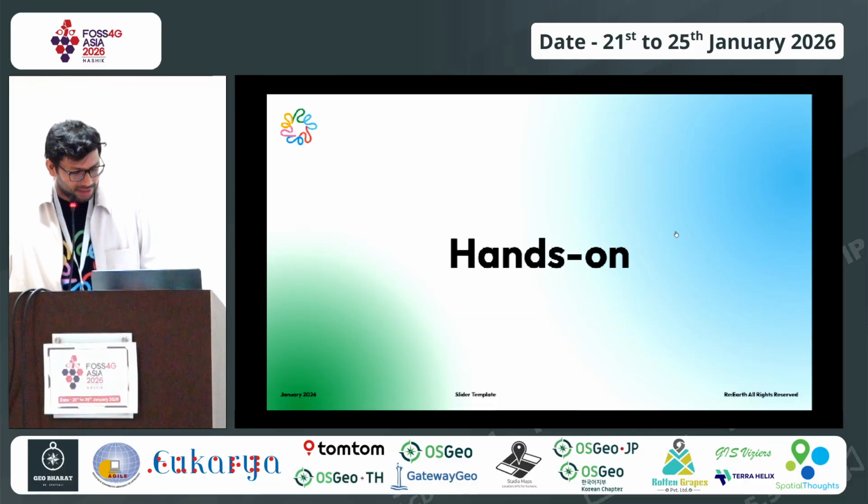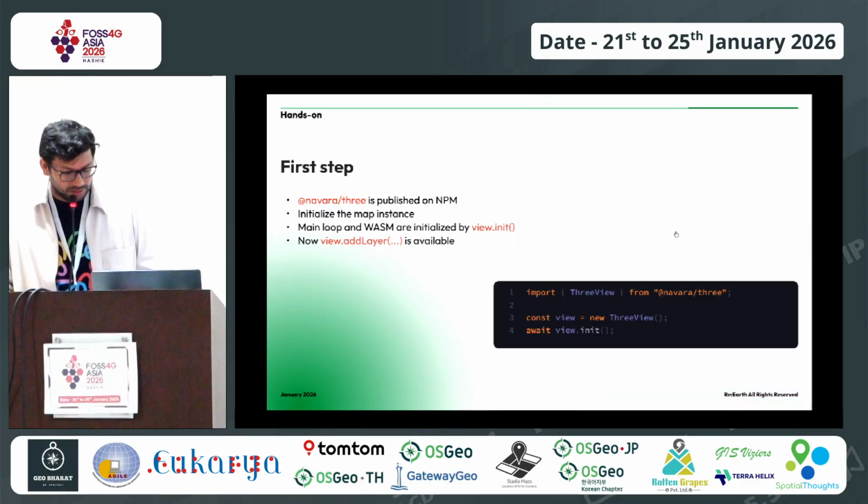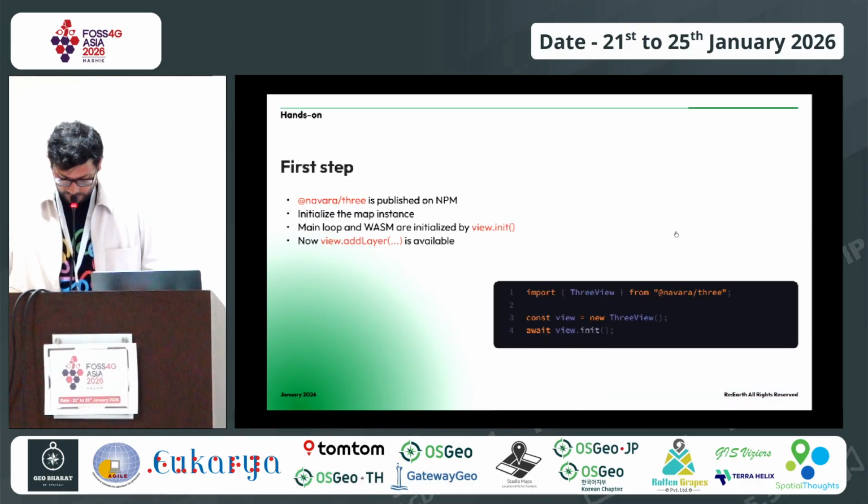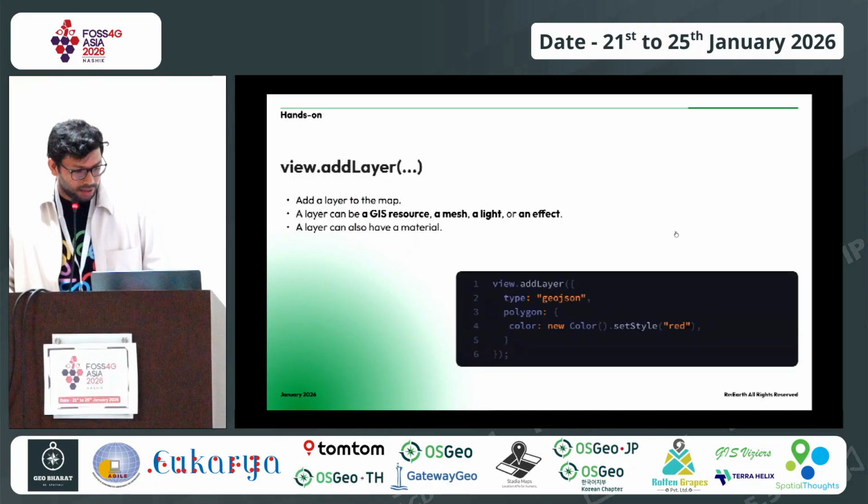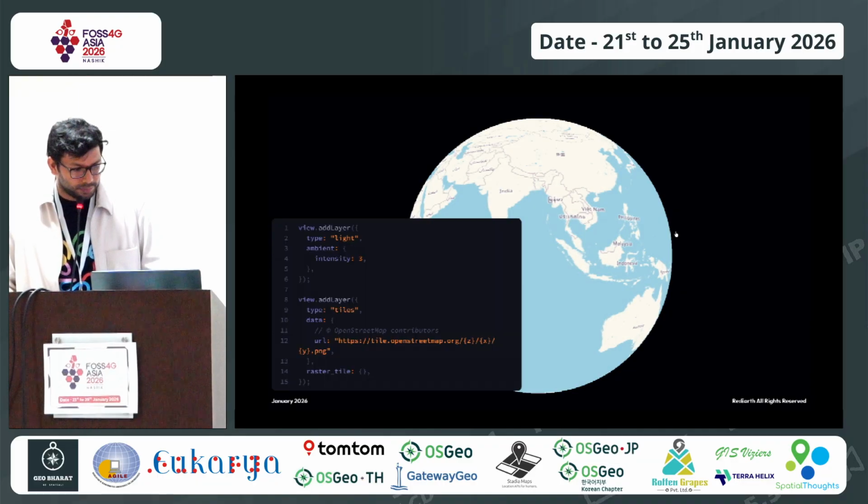Okay, now I'll explain how all of those examples were made possible. Actually, I think we're running short on time, so I'll just quickly go through them. First of all, we've been working on a JavaScript based library because that's been used widely. You can basically add layers like this, just like how any map engine generally handles layers.